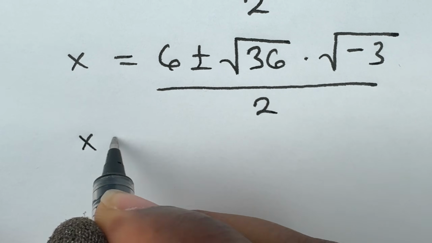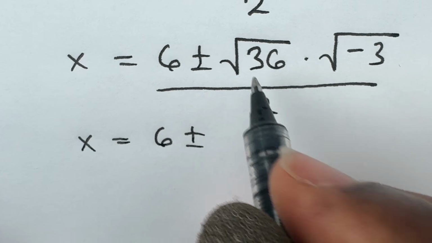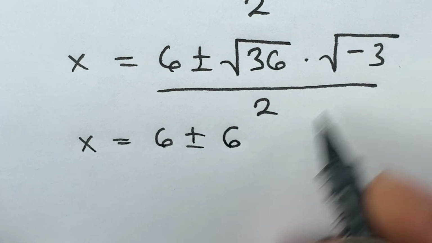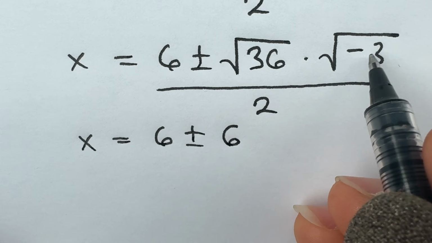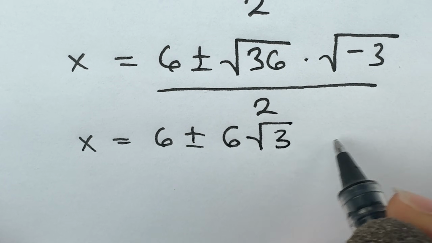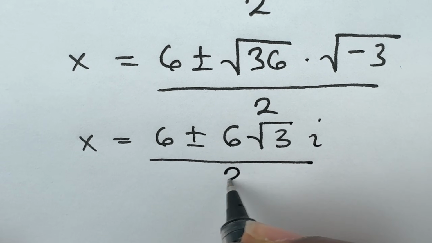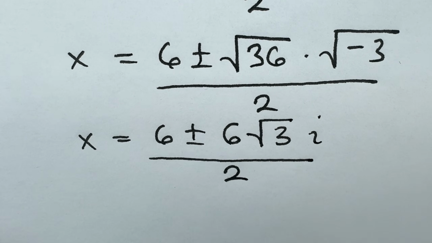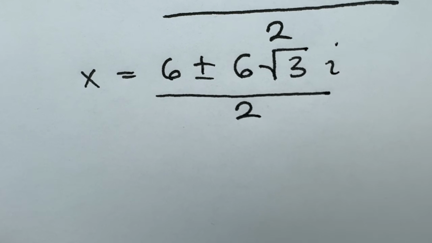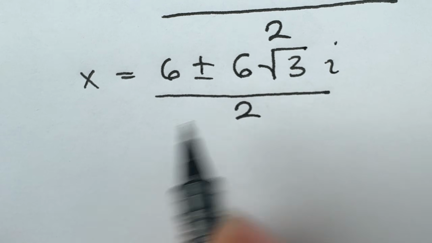x is equal to 6 plus or minus. Square root of 36 here is 6. And then square root of minus 3 is going to give us square root of 3i, divided by 2. I'm going to separate the signs. But first of all, let's get rid of this combined division.